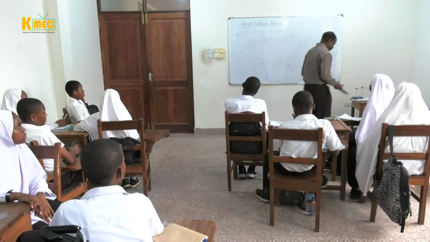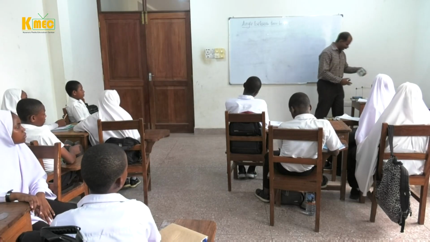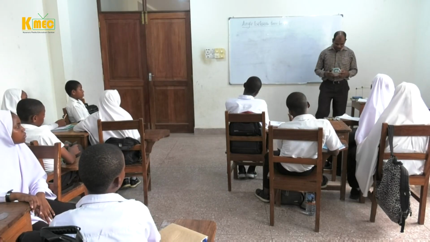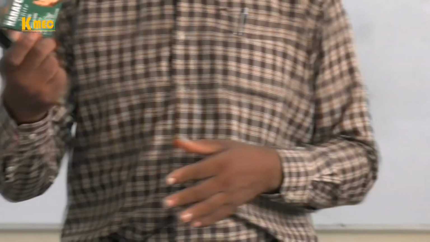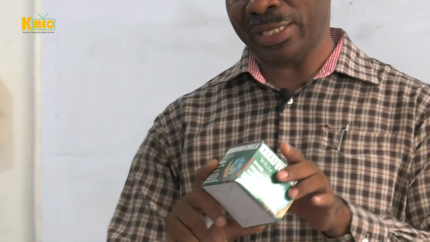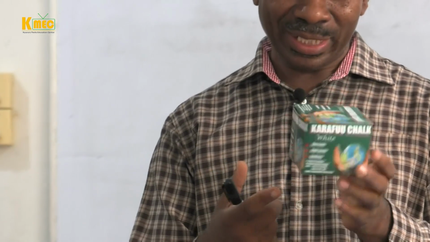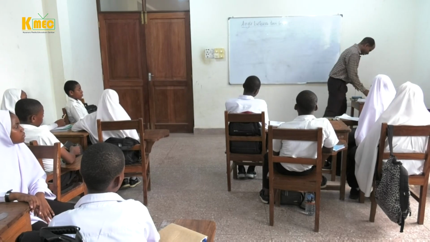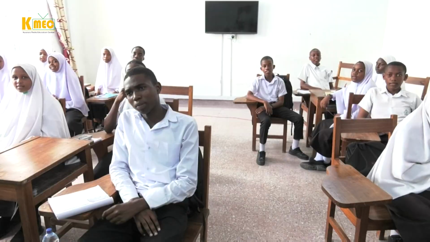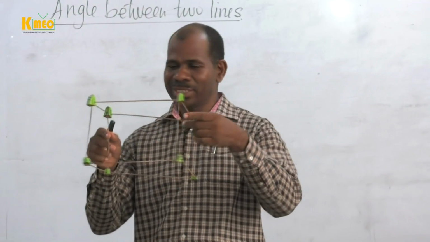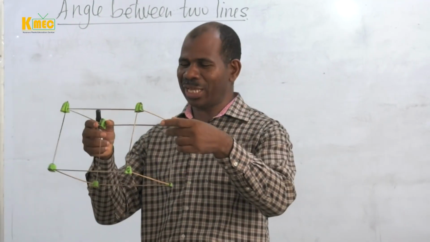Okay? So, I have brought some figures from objects that involve three-dimensional figures. This is a prism. It looks like a chalk box, but it is a prism. I have also a skeleton of three-dimensional figures.